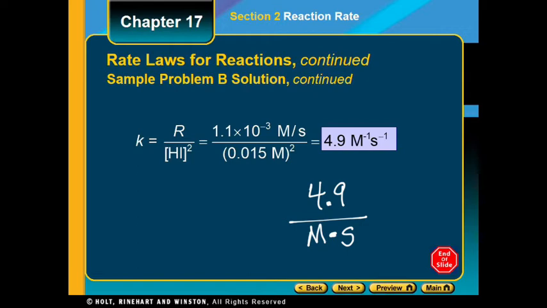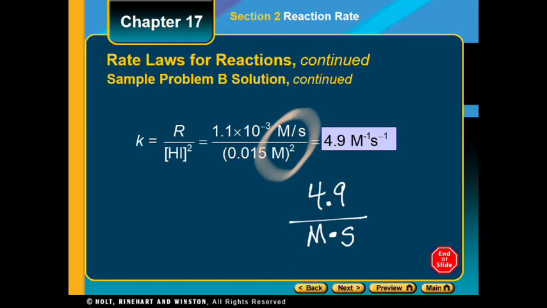Again, units are going to be important. Please pay attention to how units fall out, because your units will change for your constant based on whatever the setup is for your rate equation.